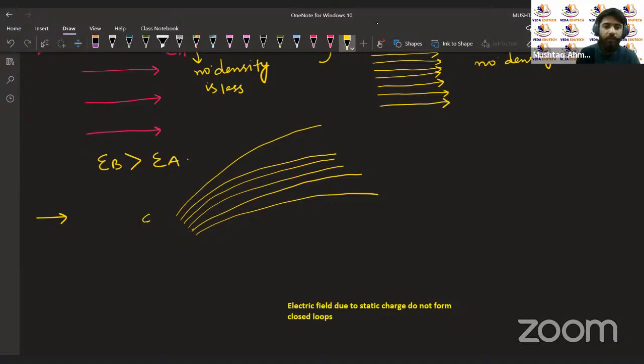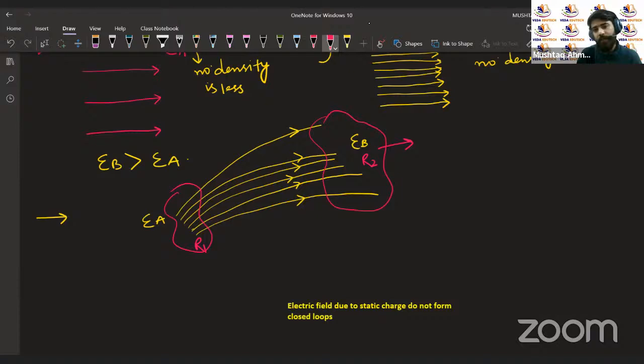Let me call the electric field at this point as EA and the electric field at this point as EB. So this is the direction of the electric field lines. We cannot intersect these two lines. So two electric field lines cannot intersect each other, but we can see that if we compare this region and this region, let me call this region 1, R1, and let me call this as region 2, that's R2.